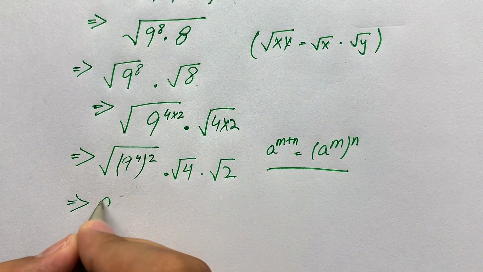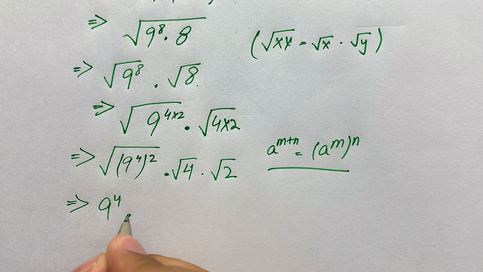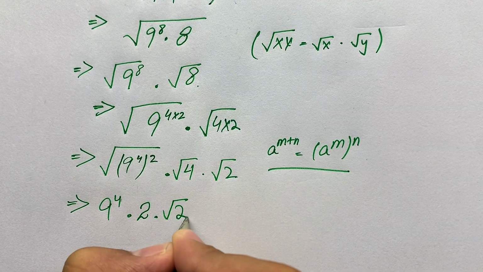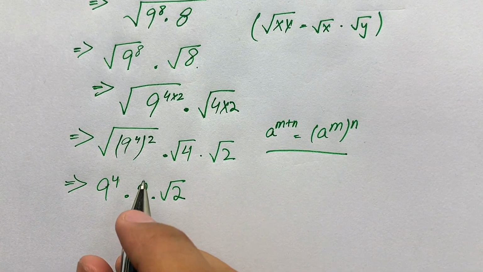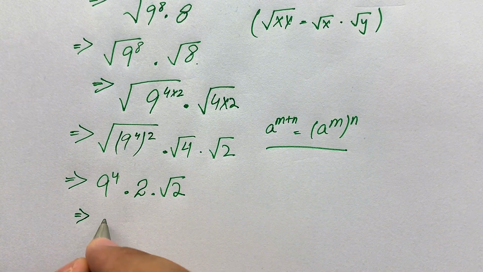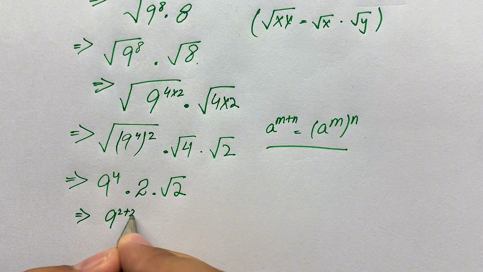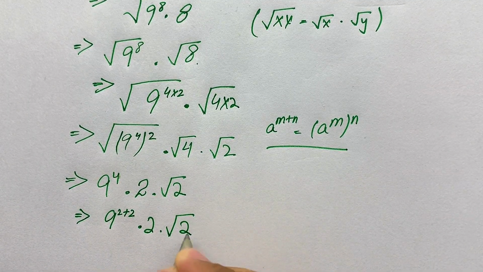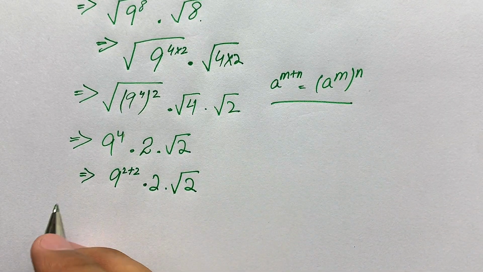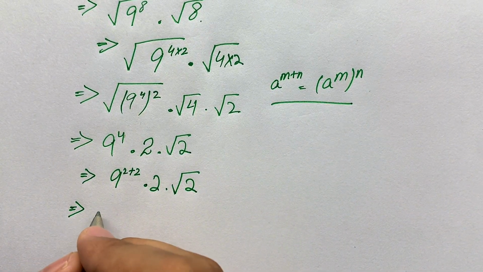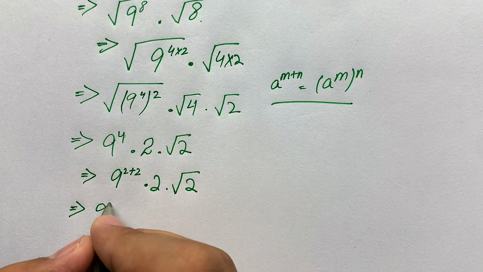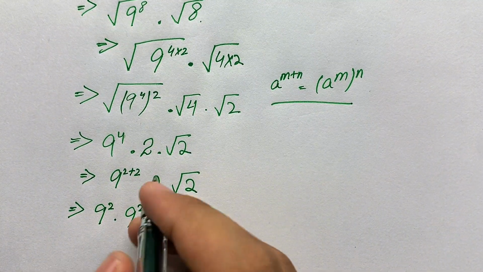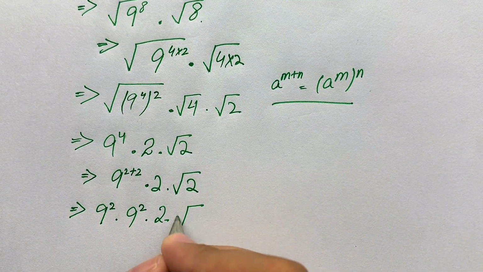In the next step 9 to the power 4 into under root of 4 is also equal to 2 into under the root of 2. So in the next step this 9 to the power 4 is 2 plus 2 into 2 into under the root 2, that is 9 to the power 2 into 9 to the power 2 into 2 into under the root of 2.